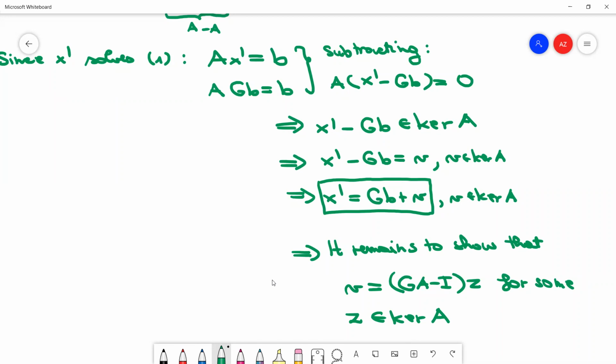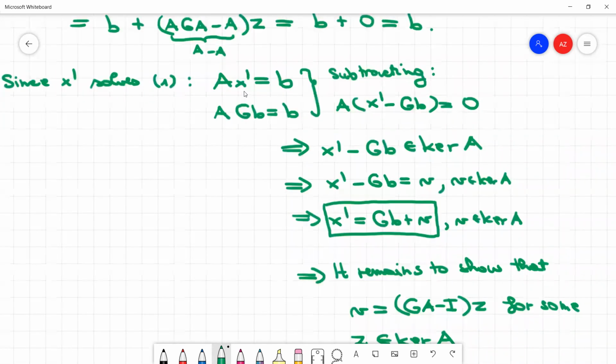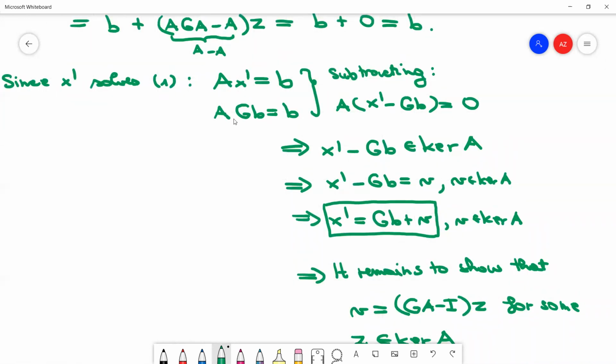And does anybody see what to take for Z? But why does that have to be in kernel? This V, because X prime minus GB is in the kernel of A. So we had here AX prime is B, then AGB is B. We subtracted, and we got that A on X prime minus GB is 0. But this is just the definition of the kernel.